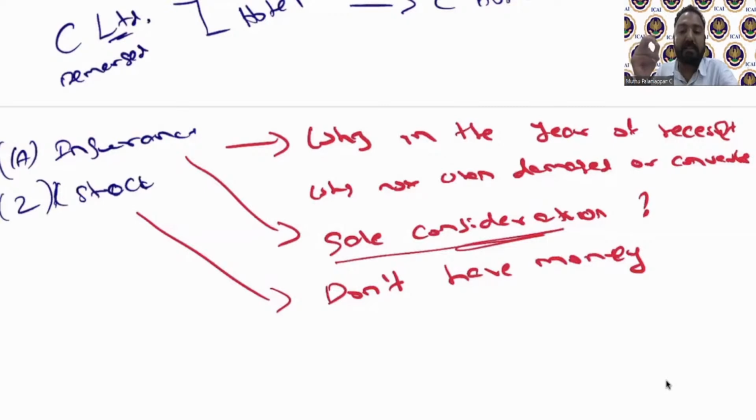What is the sale consideration? The insurance receipt. You do not know how much the insurance receipt will be. After destruction, there will be a valuation. Someone will come and assess, finally arrive at the number. After arriving at the number, they will give you a new asset or money. So you do not know how much the sale consideration is. So you will treat it in the year of receipt.